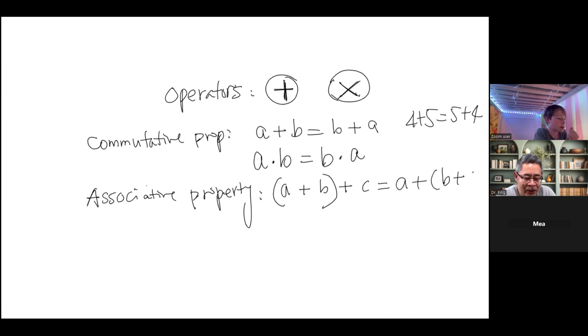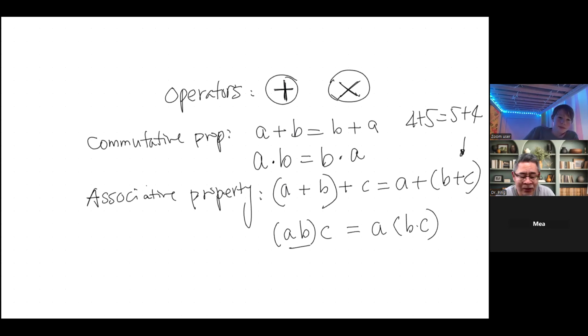Now, when we have a parenthesis, it means that we do that first. That's the priority. Similarly, when we're dealing with multiplication, it really doesn't matter which two we start with. We can do A times B times C, or we can do B times C first, then times A. So the order does not matter. That's the associative property.